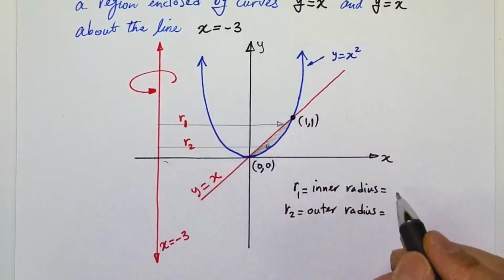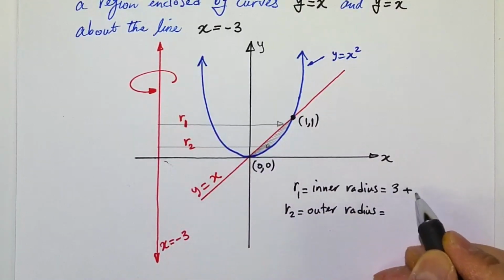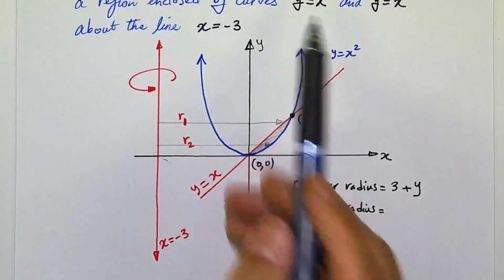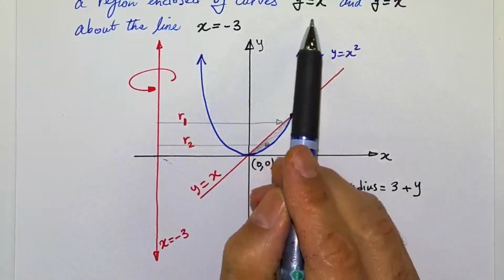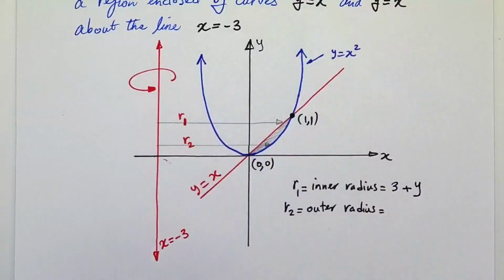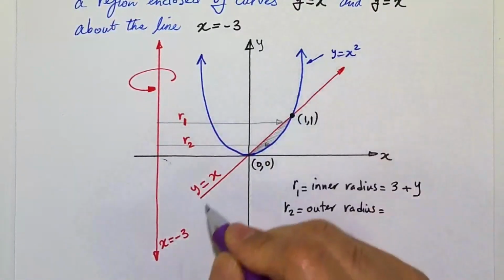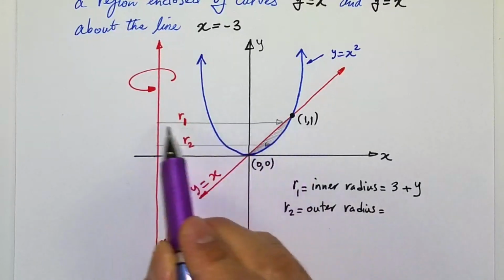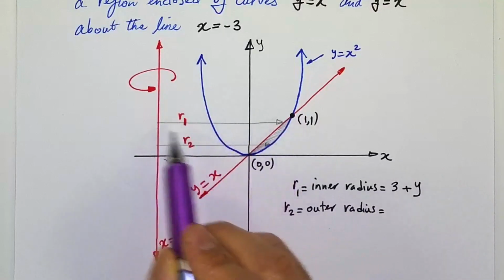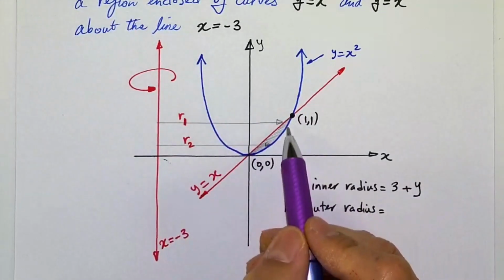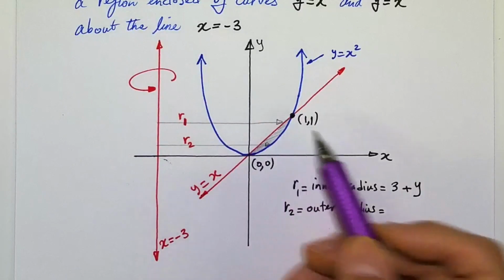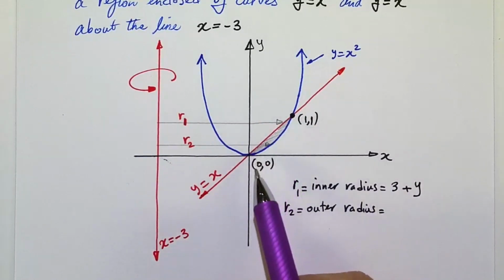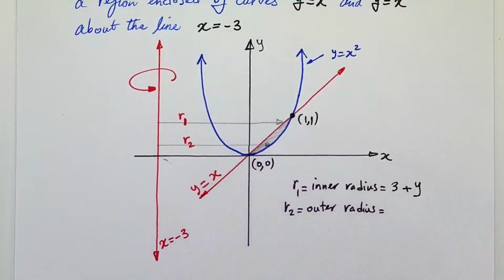So for the inner radius, we can simply say 3 plus y, because for the straight line, it's just y equals x. So depending on the axis of rotation, we will use either x or y. In this case, we will use y because we're going to say dy, right? Those washers have thickness dy or delta y, which we will then integrate from 0 to 1, to that height.